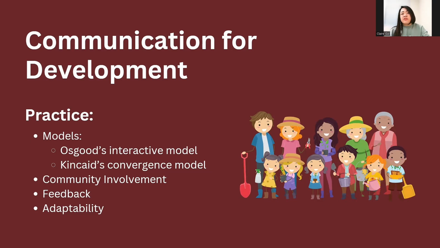I also want to emphasize three key pillars: community involvement, feedback, and adaptability. These elements are at the core of successful communication for development strategies, ensuring that initiatives are not only impactful, but also responsive to the evolving needs of communities.